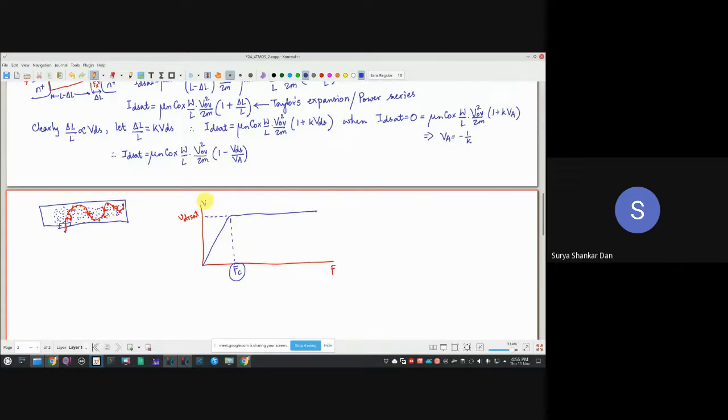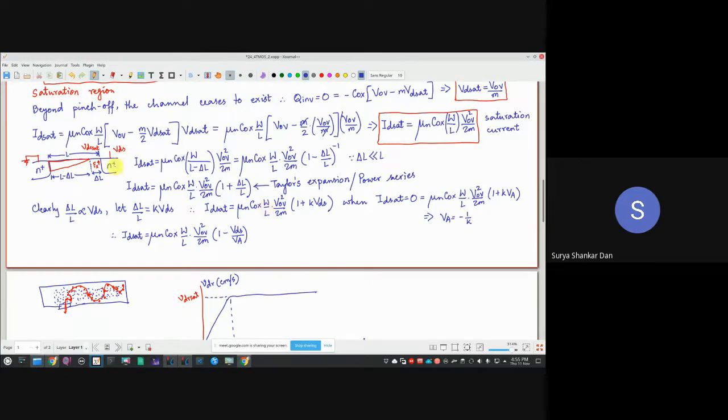This VDR unit was centimeters per second, and this was volts per centimeter. Beyond this FC, the drift velocity is going to saturate to VDR sat. And why is this drift velocity getting saturated? It is because of the scattering phenomenon, and the scattering is happening because of the depletion charges here. Do not forget that there are depletion charges.